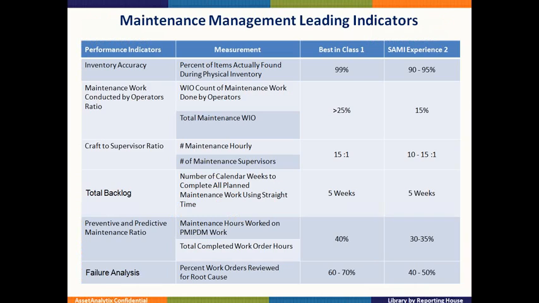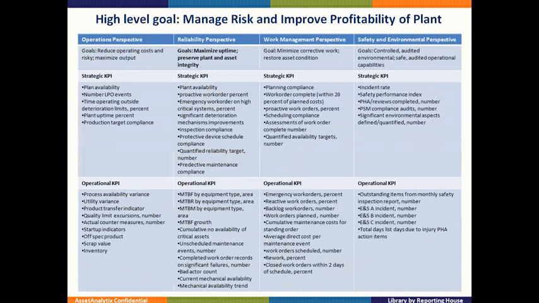And then obviously this is just an example where companies would like to compare with their peers in the industry or people in a similar business. In this case, there was a specific goal, and then they came up with a strategic operational perspective, had some goals, strategic KPIs, operational KPIs.